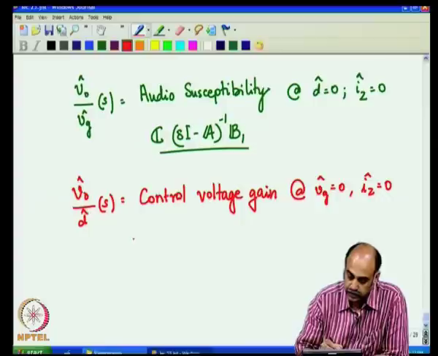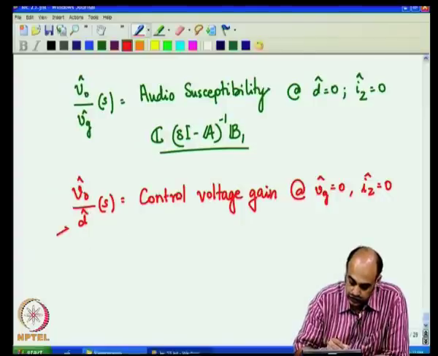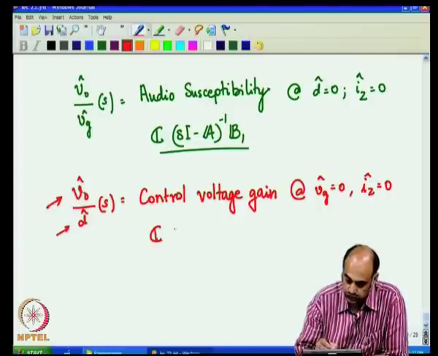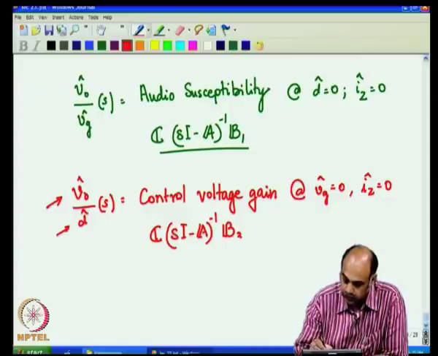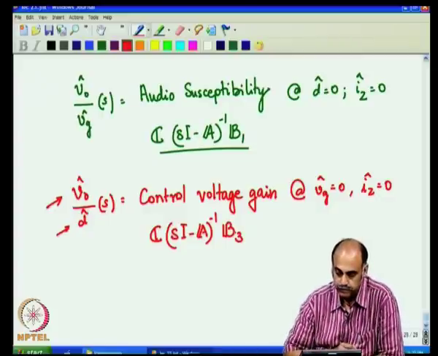And this is obtained, say D is an input, this is an output, C (sI minus A) inverse B3 column.